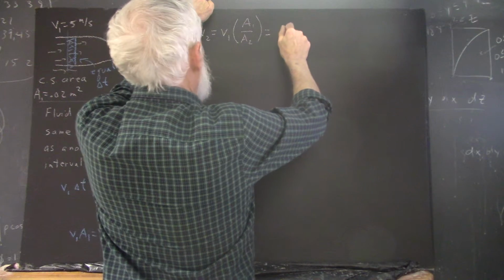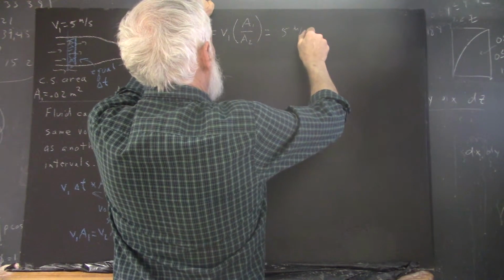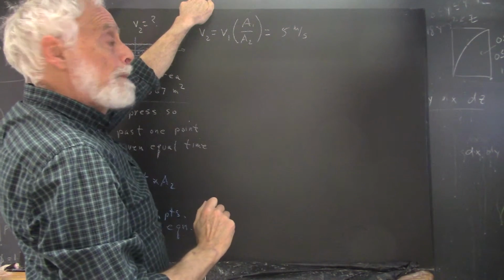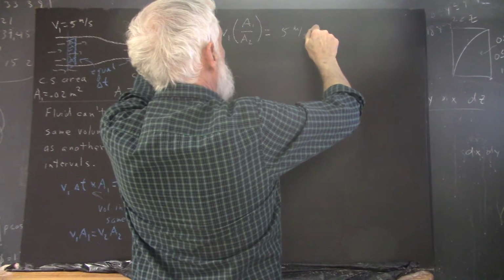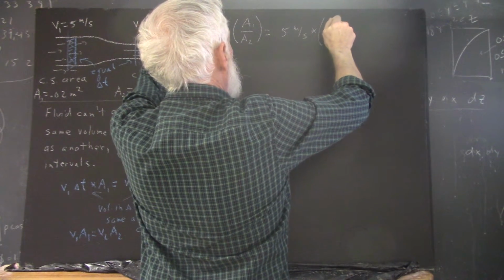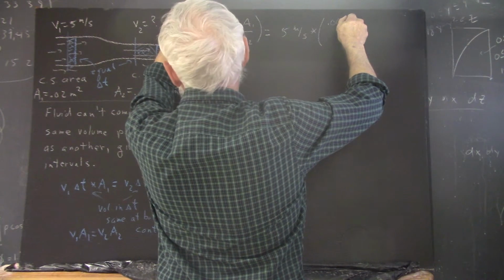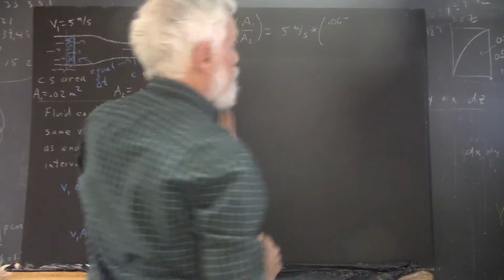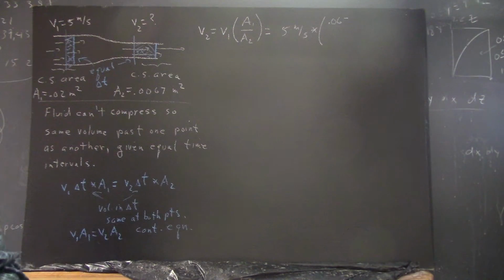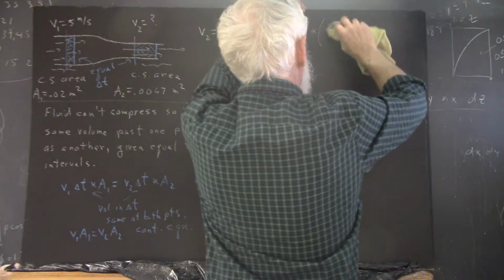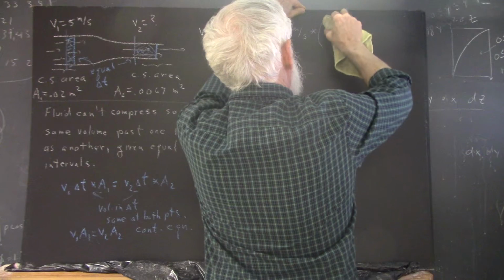So that's equal to what? The 5 meters per second velocity, V1, multiplied by what? 0.067. Oh, now I just messed up. Let's fix that. Got ahead of myself and wrote something down without thinking.